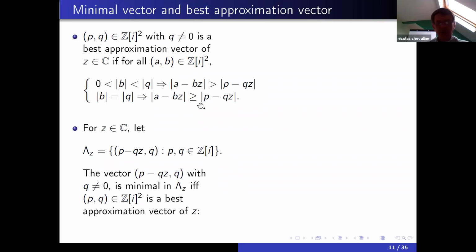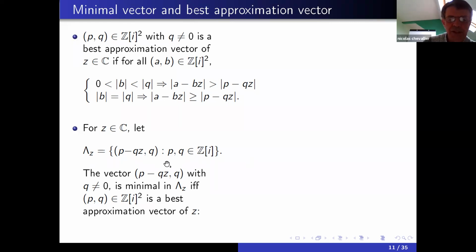Now, there is a connection between best approximation vectors and minimal vectors, because if you take a complex number z and you look at the lattice lambda z, these are the pairs P minus Qz, Q with PQ Gaussian integers.